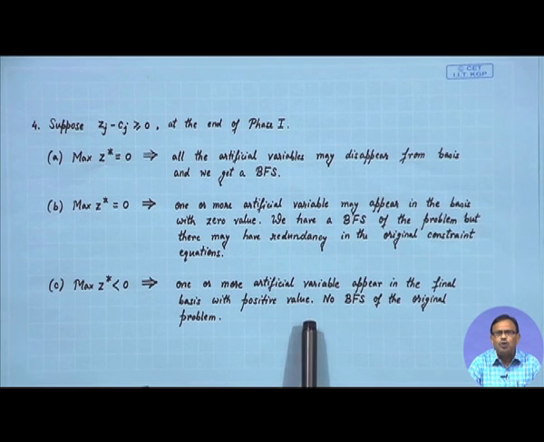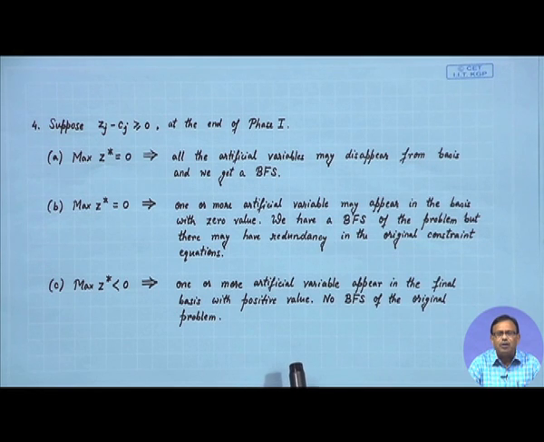So, please note this: one or more artificial variables must appear in the final basis with positive value if the maximum value of z star is less than 0, and in that case there will be no basic feasible solution of the original problem.